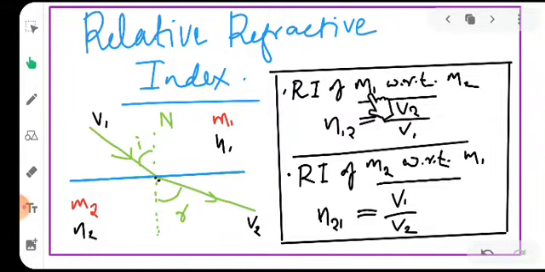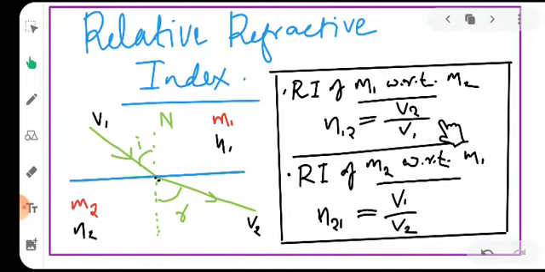Refractive index of material M1 with respect to material M2. This was a case which we have dealt with in the previous class. So the relative refractive index of material 1 with respect to material 2 goes by this ratio. It is the velocity of light in material 2 by the velocity of light in material 1.